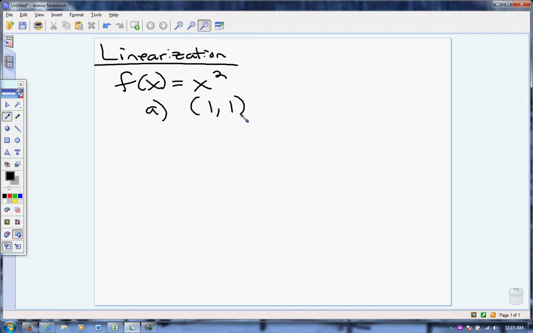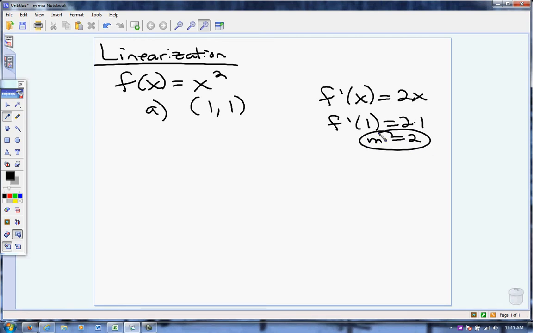Right? I would find the derivative, f prime of x equals 2x. And then I would need to find the slope, f prime of 1, which is 2 times 1, which is 2. That's my slope of the tangent line at the point 1. And then what would I do?